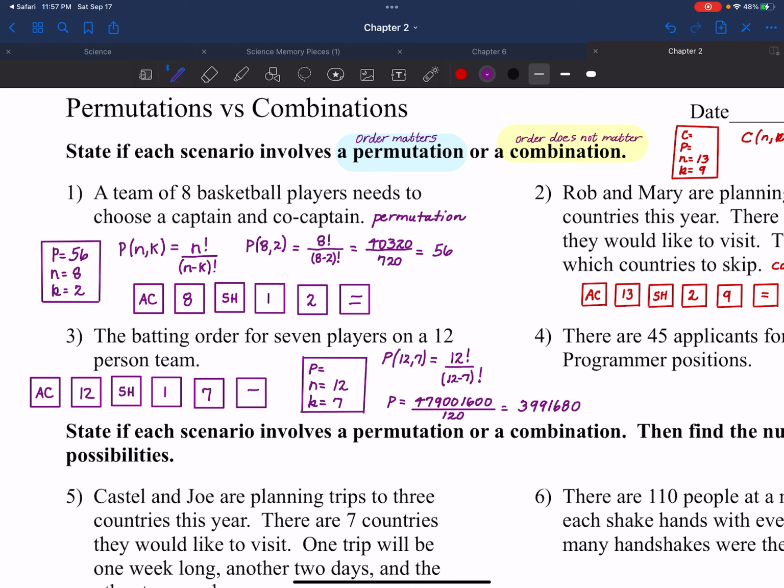So all clear. 12 shift 1, 7 equals. It sure is, 3,991,680 different possibilities. Heavens to Betsy, that's a big old number.